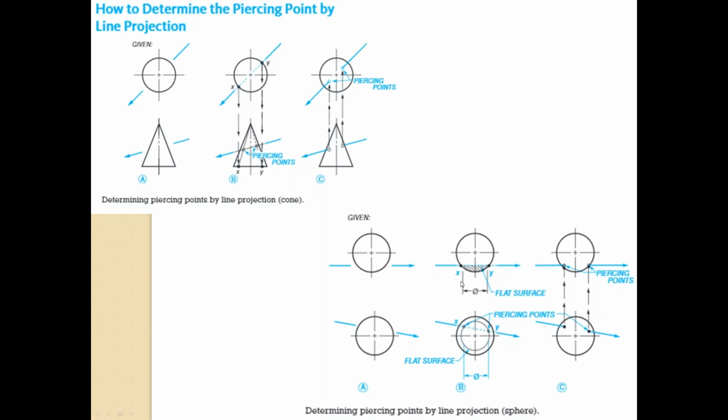Same idea. Project this down here to get these 2 points. Your arrow is going to go to this piercing point, and then come out here, and then project them back up, and your arrow is going to go to here and come out there.